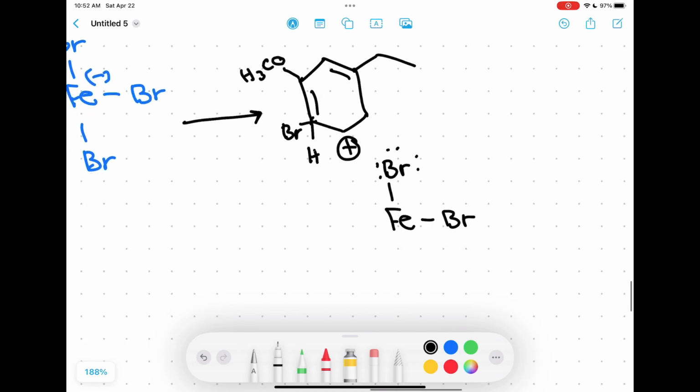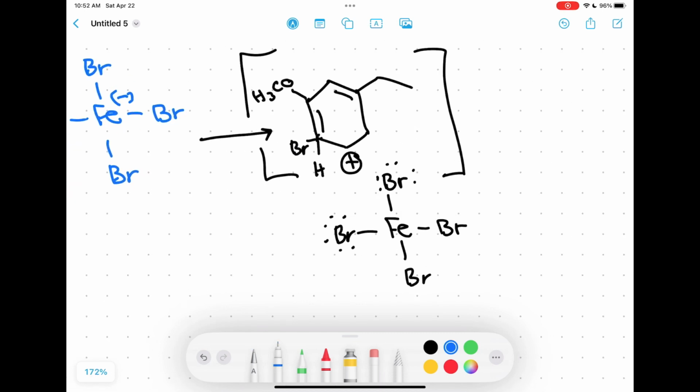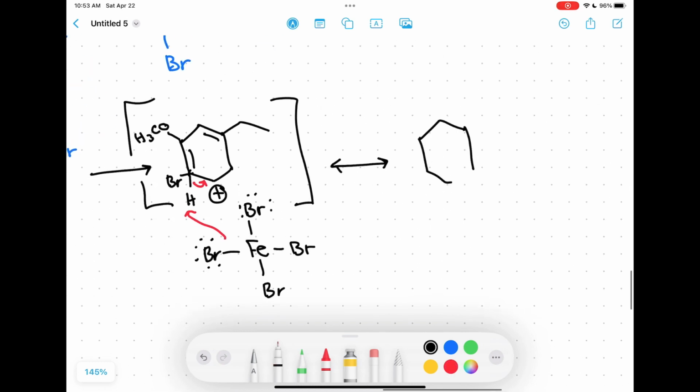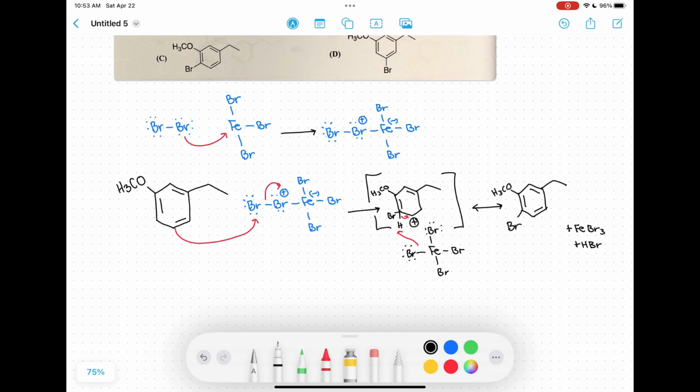Since we have our resonance stabilized carbocation formed, we've also got to remember that our FeBr4 is also going to be present. I've also put brackets around the molecule just as a reminder that there are resonance structures associated with that, but in order to save time, we have avoided that today. Now for our base, the bromine has attacked that hydrogen and deprotonated, so that it's able to free up those electrons, re-establishing aromaticity. This gives us our product. We are also going to form FeBr3 and HBr as our byproducts.